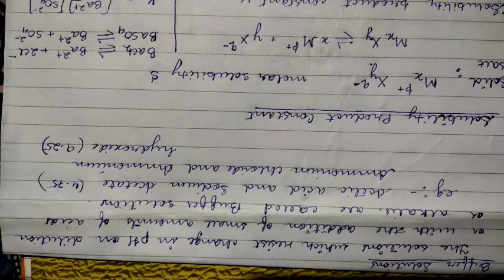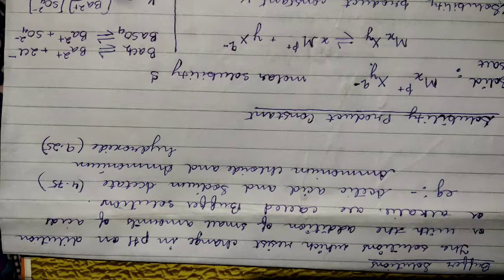You know that if we add acid to a substance, it will become acidic. If we add base, it will become basic or alkaline, right? But some substances are there which, if you add a very small amount of acid or base, are not going to change the pH.